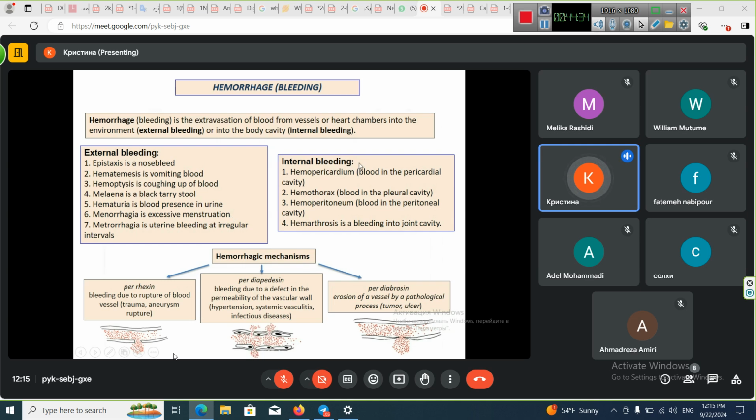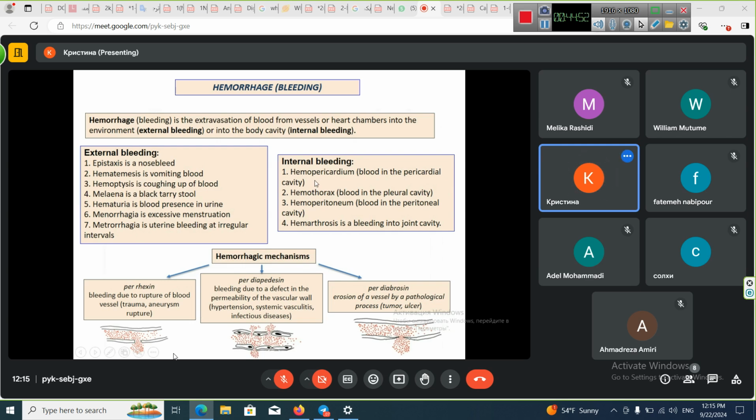Internal bleeding means that blood doesn't go outside from our body and stays somewhere inside the body, mainly in the cavities. So blood in the pericardial cavity, hemopericardium.